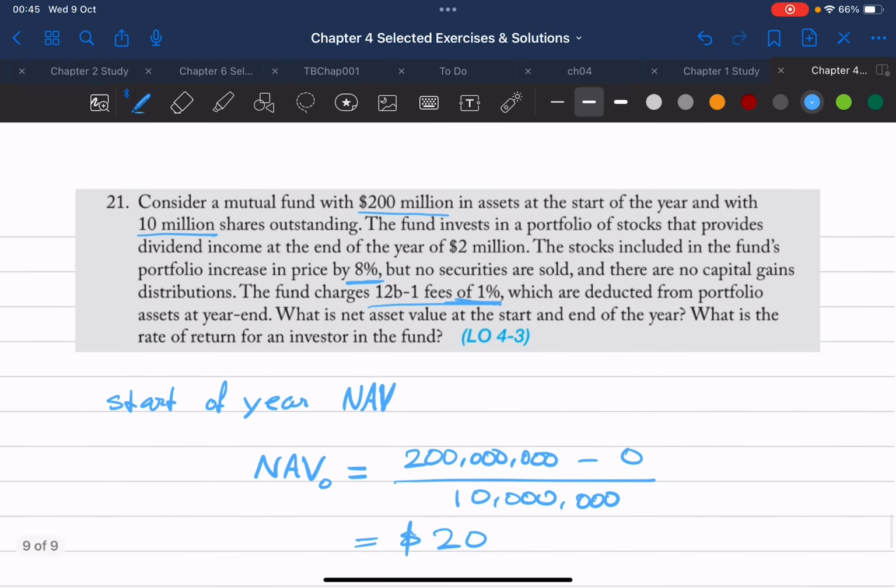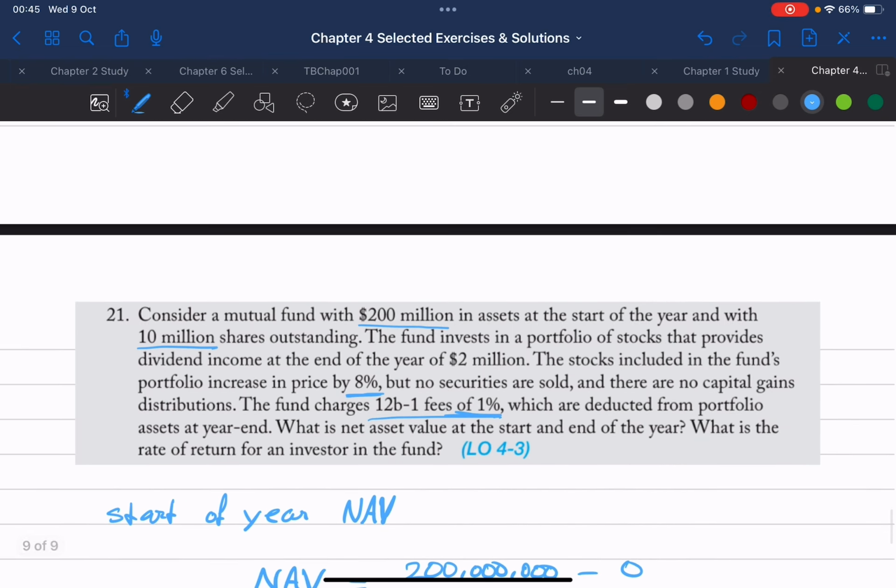now let's go back to the question. Just confirm if there was any distributions. Here, as you can see, it says the fund invests in a portfolio of stocks that provides dividend income at the end of the year of $2 million. Now, here they did not give us the dividend per share, but we need to figure it out, and that would be 2 million divided by the number of outstanding shares here.